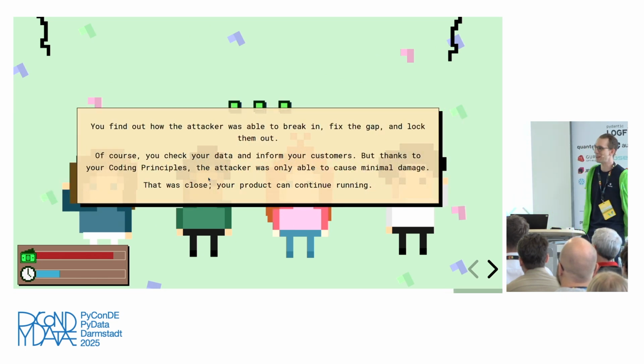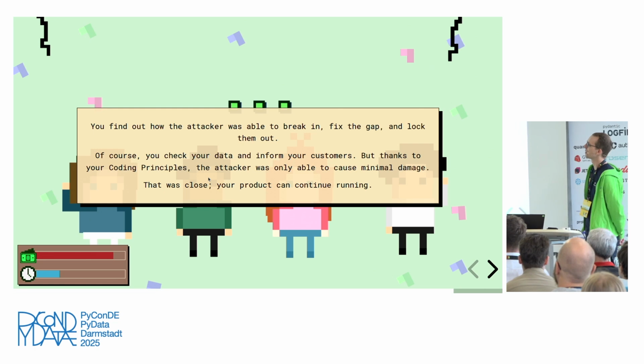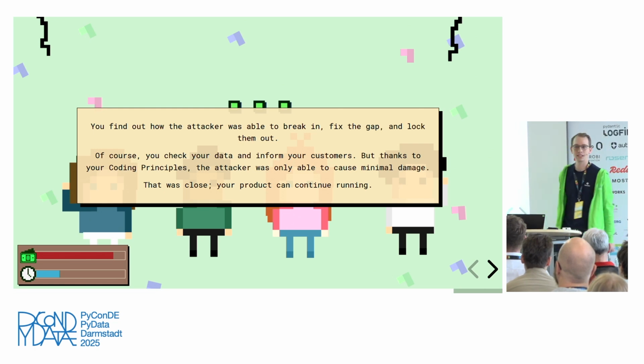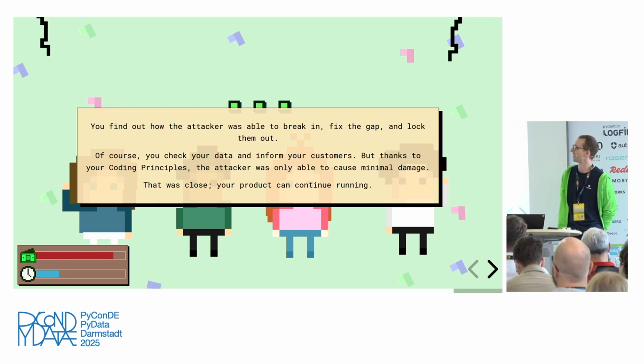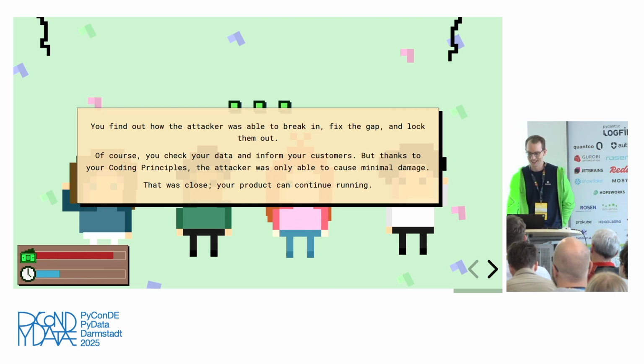Yes, we managed to drive away the attacker. So he was able to break in some systems, but you fix it and you can lock them out. So all 2 customers you already have on your platform can be informed, but now everything is hopefully secure, and you can continue with your product and the launch of your software.